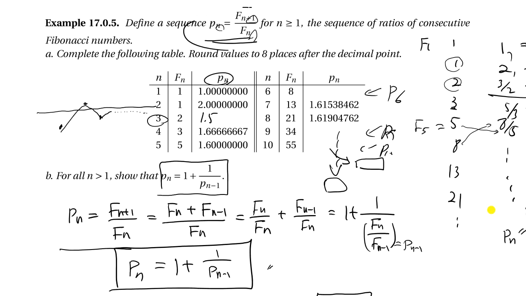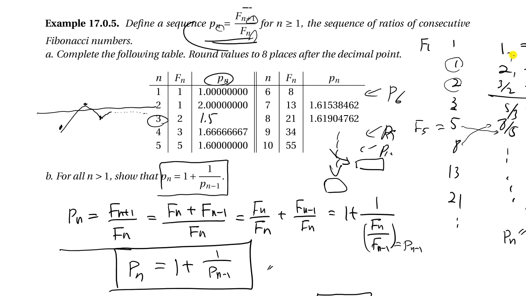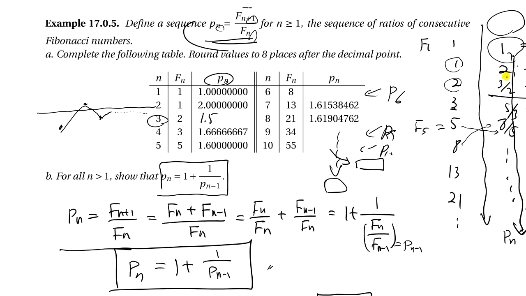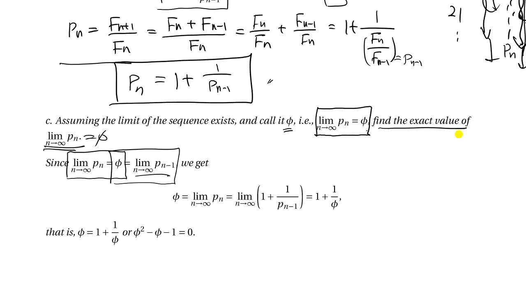It's only depending on where you start. If the original starts from here and you're looking for the limit, you just start one term later or earlier, it doesn't matter, right? Eventually, it doesn't matter where you started. If you keep this sequence as it is, then the limit must be the same. Therefore, we are going to get the same phi from this one.